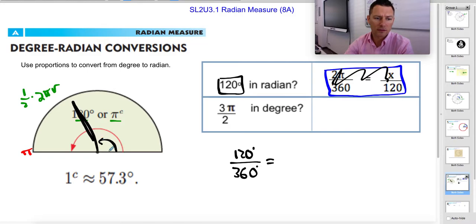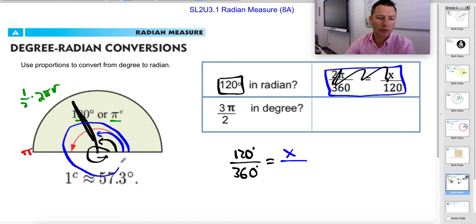So this divided by all the way around is the same relationship as this in radians, which I don't know right now, divided by all the way around in radians, which is 2 pi. You can set up your ratio in different ways, but I like this. This makes the most sense to me.